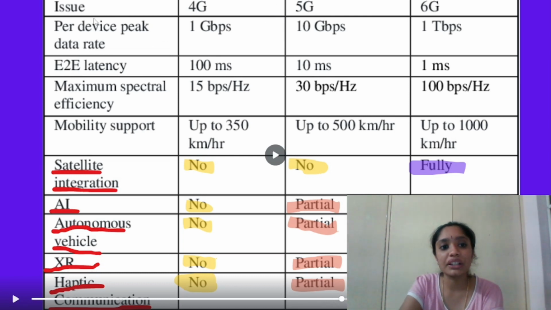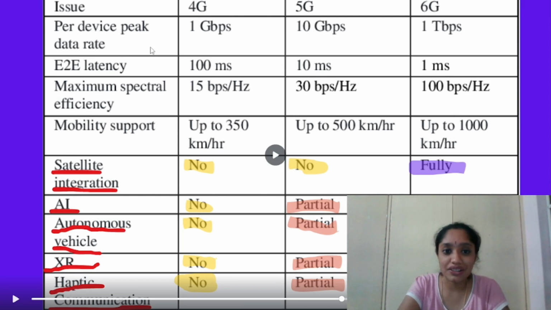Per device peak data rate for 4G is 1 Gbps, for 5G is 10 Gbps, for 6G is 1 Tbps. Such a huge difference between 5G and 6G, correct? End-to-end latency is 100 milliseconds for 4G, 10 milliseconds for 5G, and 1 millisecond for 6G.